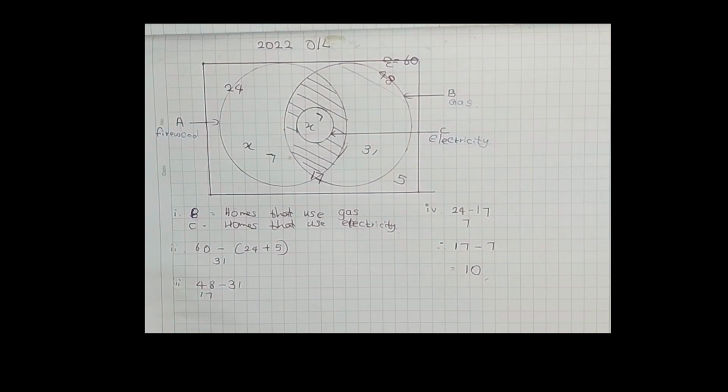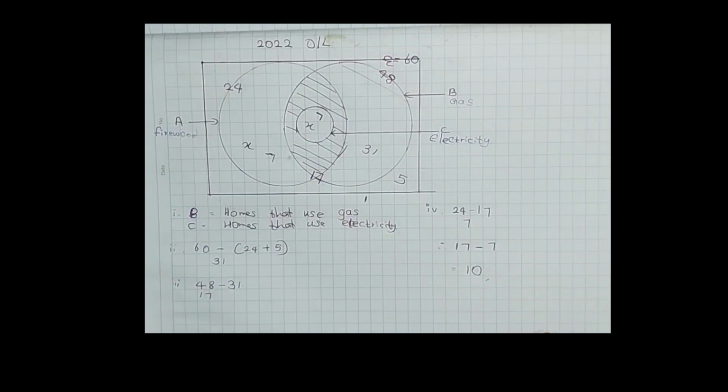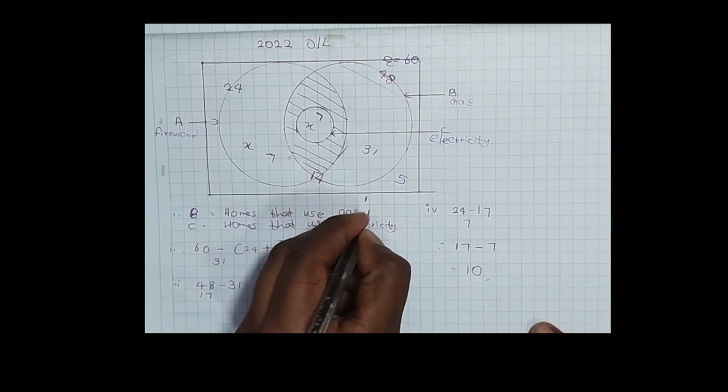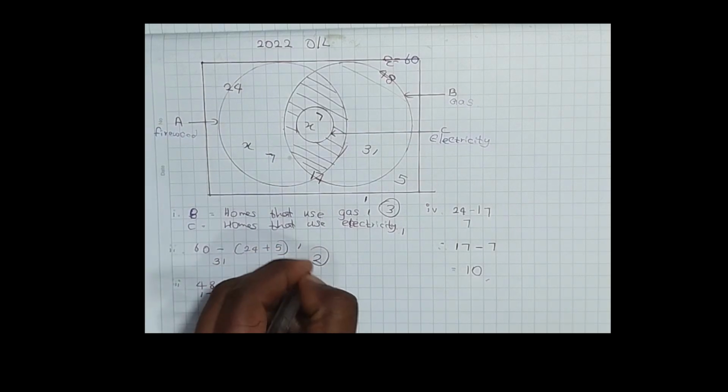Okay. Now see how the marks are given. For the first question, for copying the Venn diagram into your answer sheet, you will get 1 mark, and also for identifying B and C, you will get 1 for each, total 3 marks. For the second question, you will get 2 marks, 1 for each.